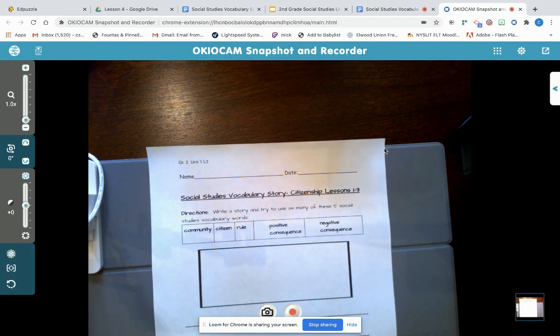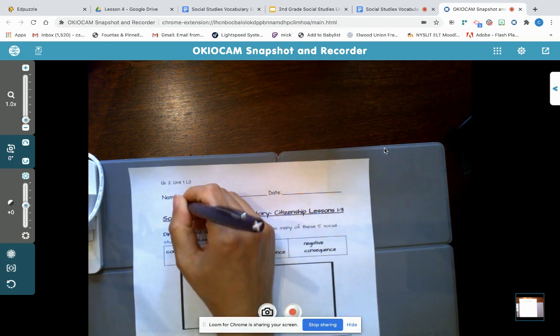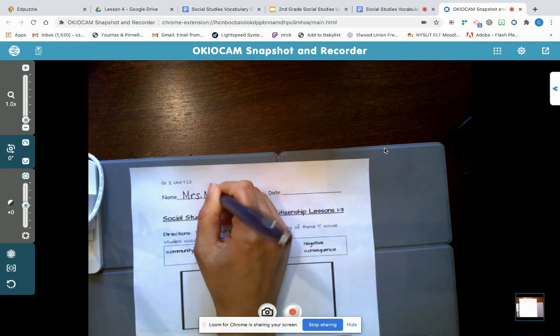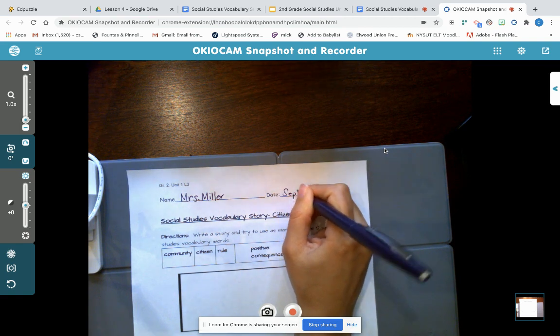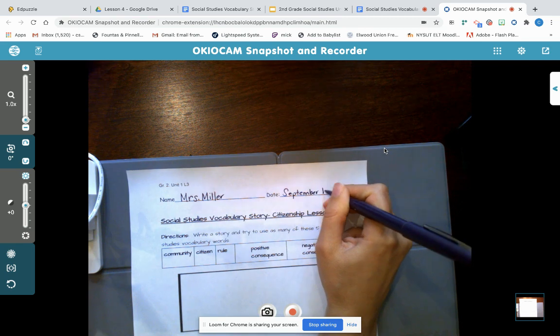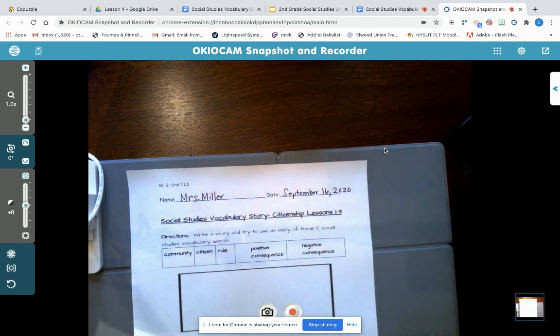All right, so remember, the first thing we do is always the same. We pick up our pen or our pencil and write down our name. Writing Mrs. Miller, and I'm writing today's date. You can write the date as well, whatever date it is. Okay.